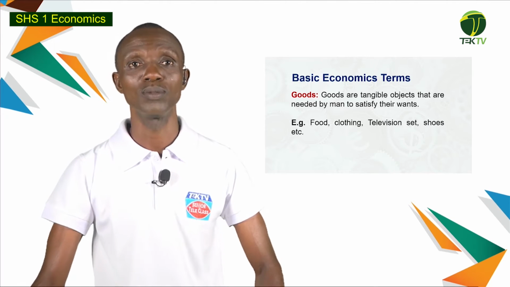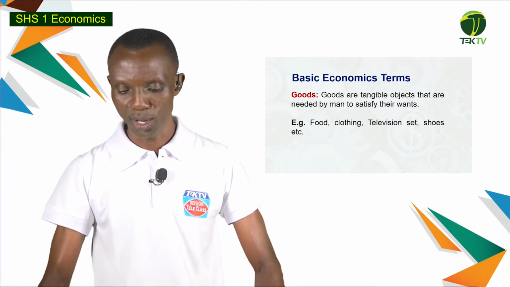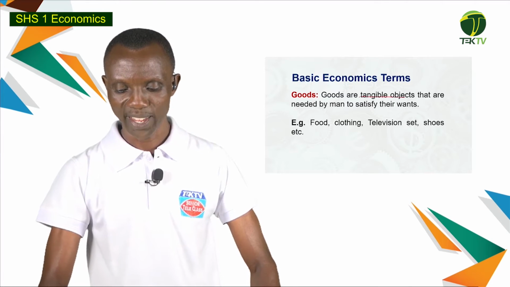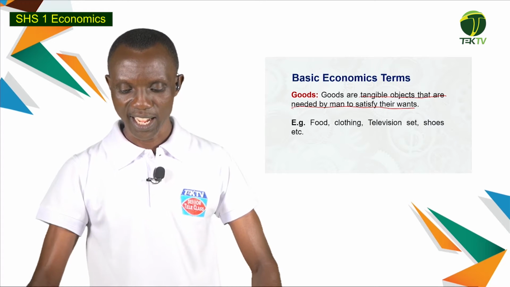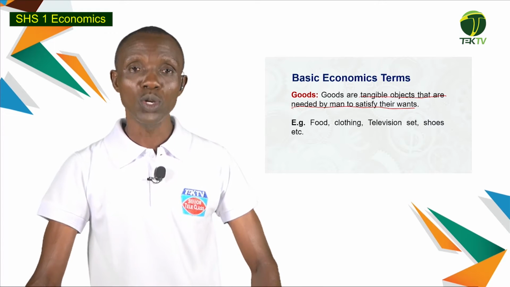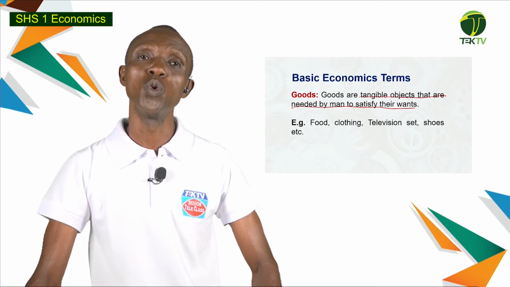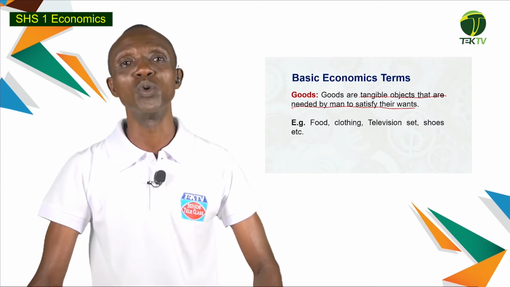You could add to the list. Good. These are tangible objects that are needed to satisfy the wants of individuals. Now, we could also, in talking about goods, goods could be free goods or economic goods.